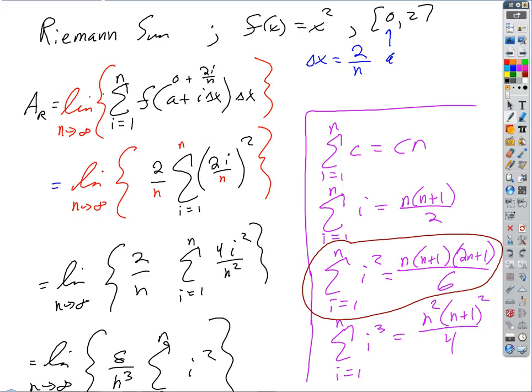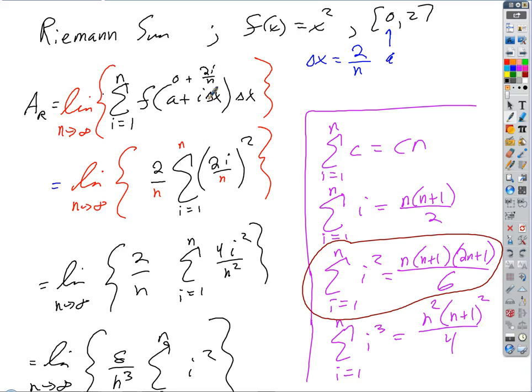If the number of rectangles is n, and we pick uniformly wide rectangles, then delta x is the width of the interval divided by the number of rectangles, so 2 over n. a is 0, delta x is 2 over n, and so x sub i becomes 0 plus i times 2 over n, or in other words, just 2i over n, right?